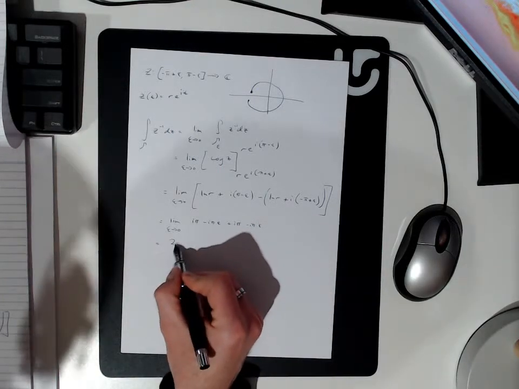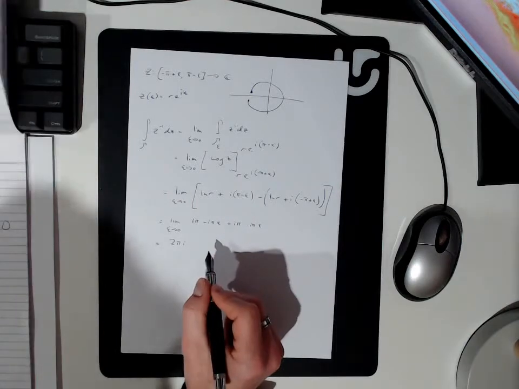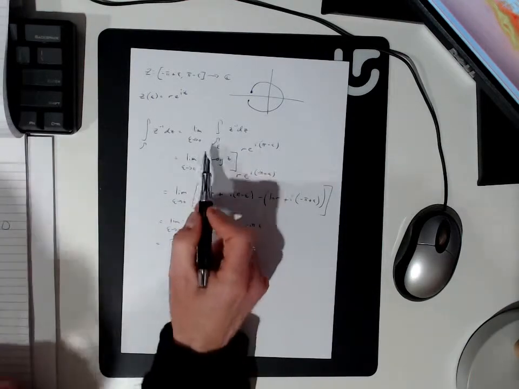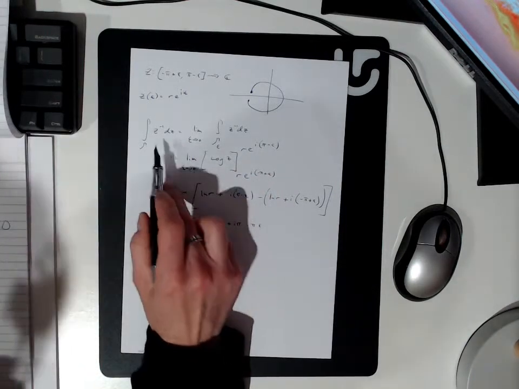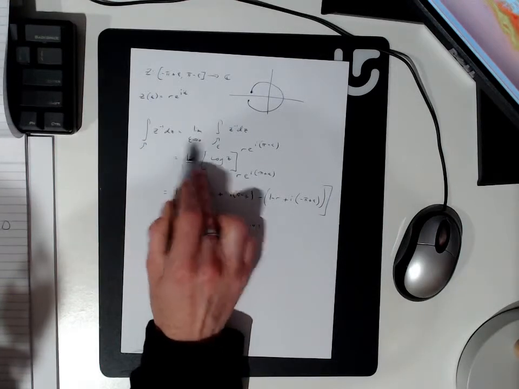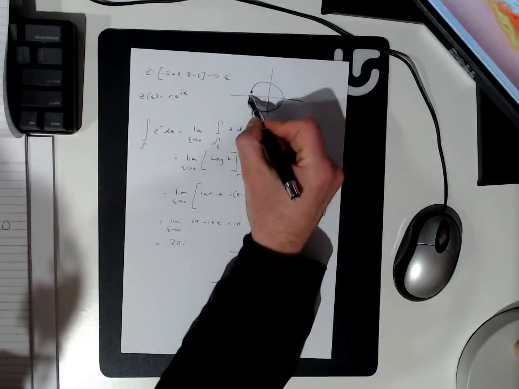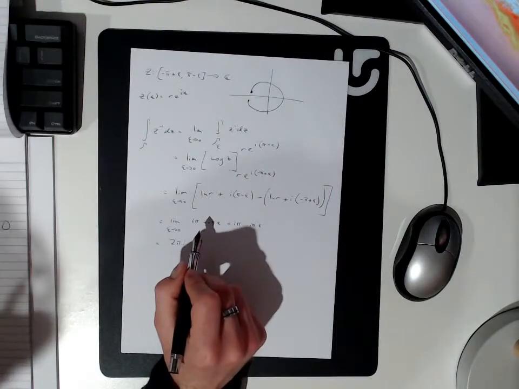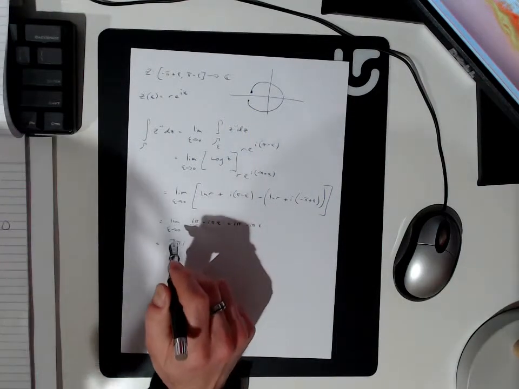So the limit will be 2 pi i, just as we needed. The important point I should say here is that the limit over gamma is going to be the limit over the gamma epsilons as epsilon gets close from either side, and that allows us to apply the antiderivative.